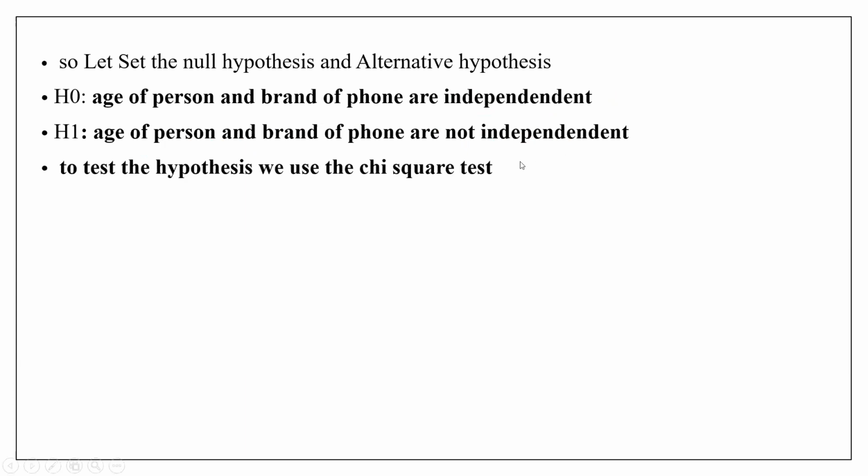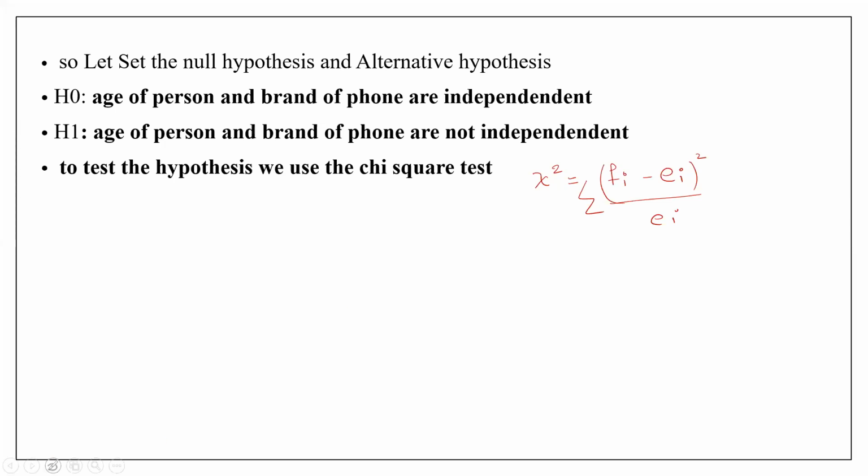Now to test this hypothesis, we again use the chi-square test. So we quickly recall our chi-square formula. Chi-square is your observed frequency minus expected frequency, squared, divided by the expected frequency, and you take the summation of all. This is the formula we have seen previously.